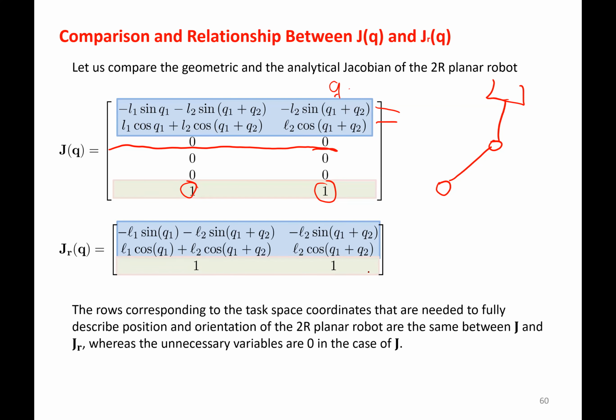So the rows corresponding to the task space coordinates that are needed to describe the position and orientation of the 2R are the same as the ones in the task space, whereas the unnecessary variables, as I explained, are just made of zeros. Okay, sorry. This is just to see what relation exists between them. You're going to find the coincidence between the geometric Jacobian and the analytical Jacobian based on the task variables that you can actually change.